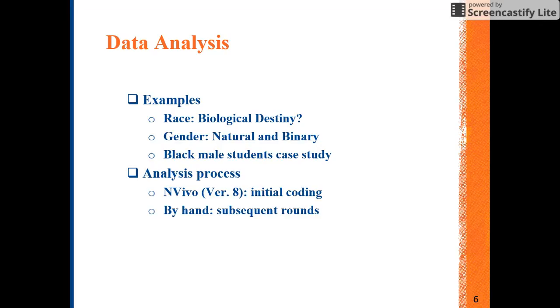In the process, she mentioned that the initial coding was in vivo coding, and then the subsequent rounds of analysis were done by hand. I guess she was writing down notes or using Microsoft Word, so that she could put different quotes under different themes.